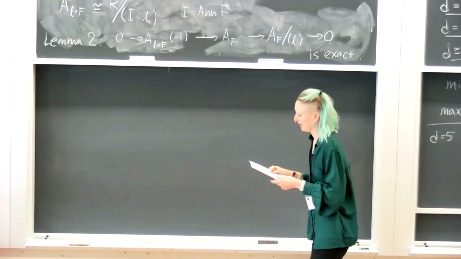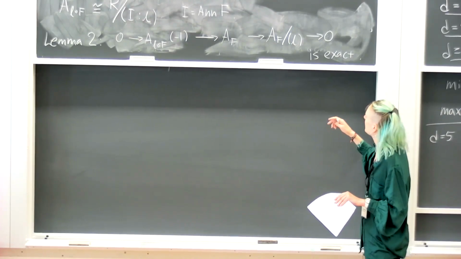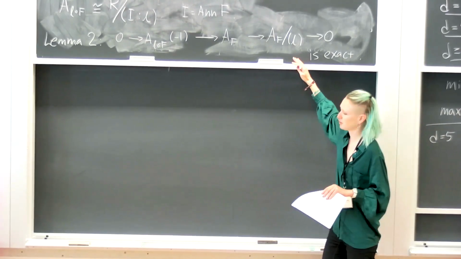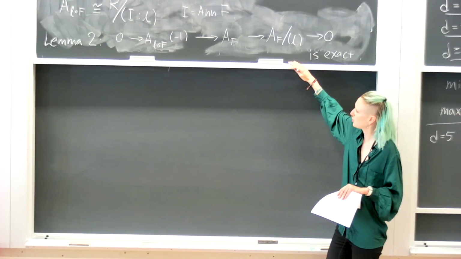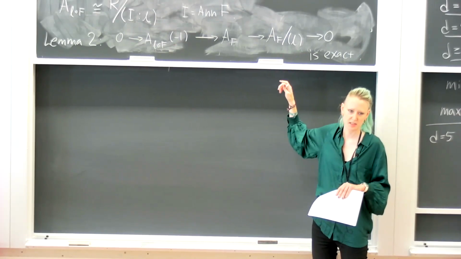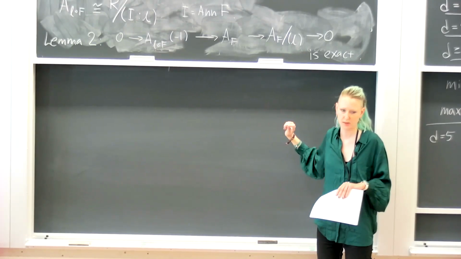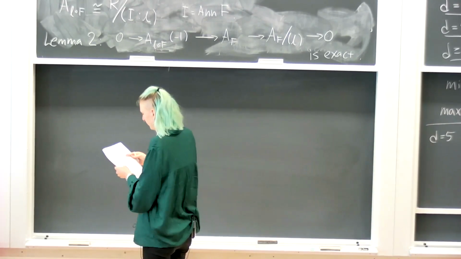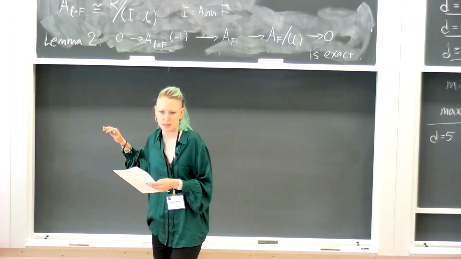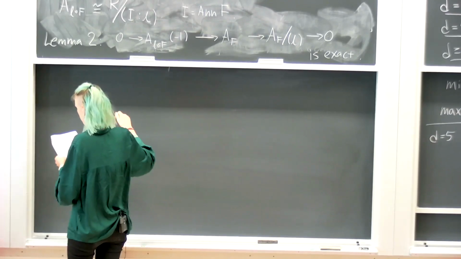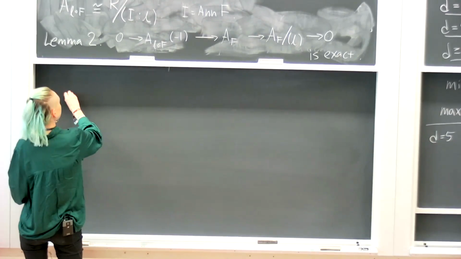Okay, so the point is this: if I have this exact sequence and I know the Hilbert function of 2 of the guys in the sequence, then I know also the third. So I'm going to write this in a table.